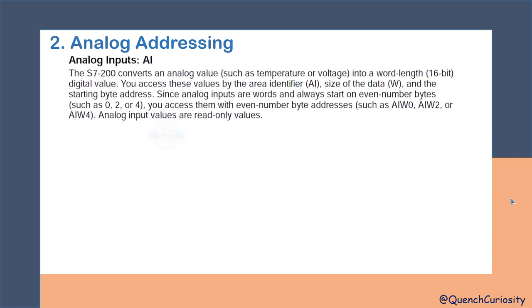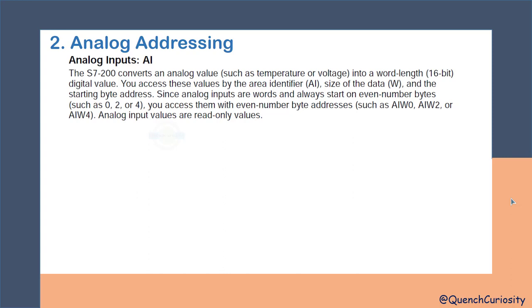The input address is represented by AI, and as you can see from the description, the S7-200 converts an analog value such as temperature or voltage into a word length 16-bit digital value. So with this knowledge, we know that the analog input is going to occupy a memory of one word.